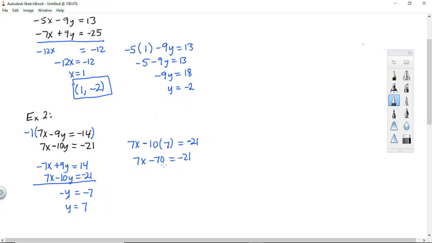We want to solve for x, of course, so we're going to add 70 to both sides, and on the left we get 7x.